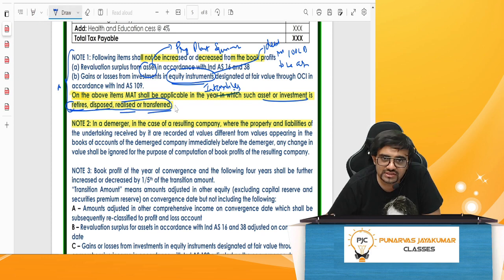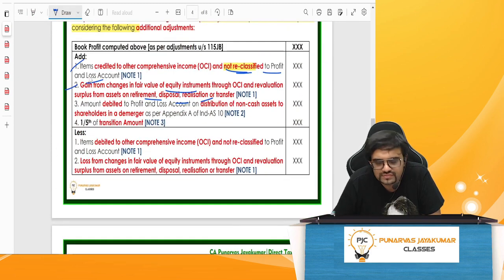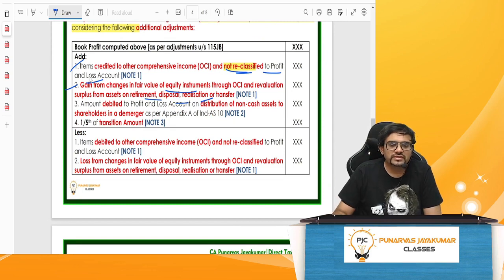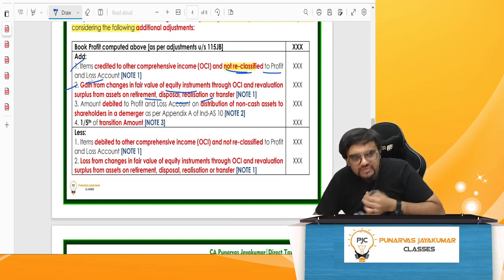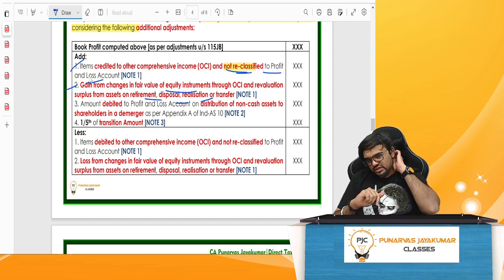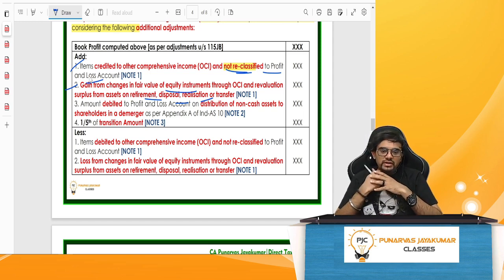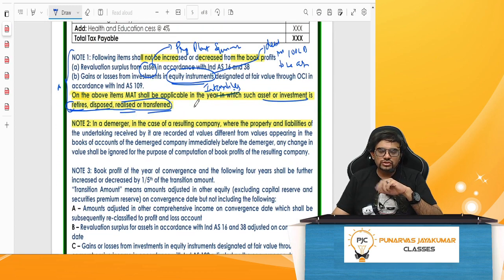All other assets, you have to make the adjustment here. Whether it be a gain or the fair value adjustment, they'll only give in the exam that it will be added to other comprehensive income, so then you should reclassify it. But other items like plant, property, equipment should not be taken into account now. It should be taken into account later.